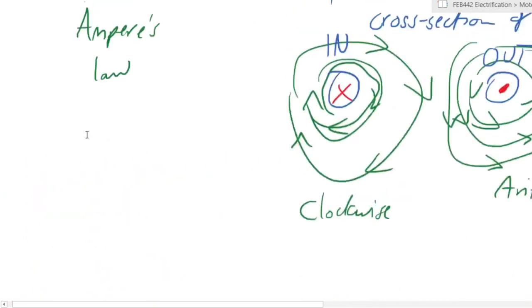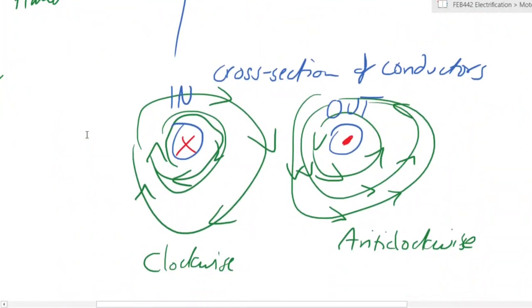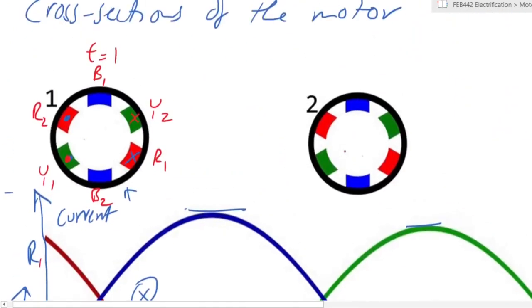So now we go back to our Ampere's law and we say that in the case of a current that is flowing inward, you get a clockwise magnetic field, and a current that's flowing outward, you get an anti-clockwise magnetic field. So the outward ones have anti-clockwise magnetic fields, so they move that way.